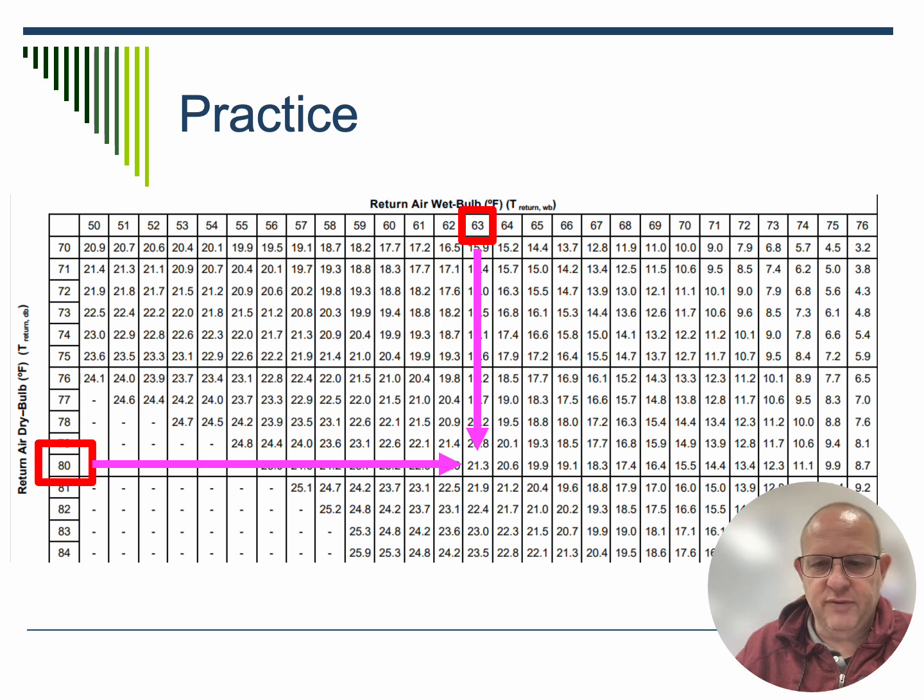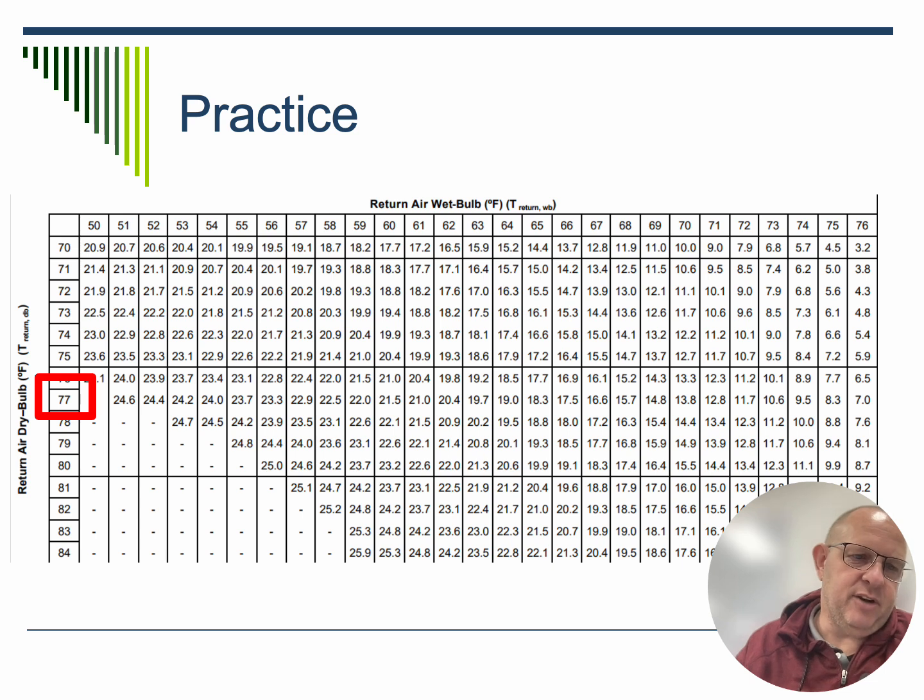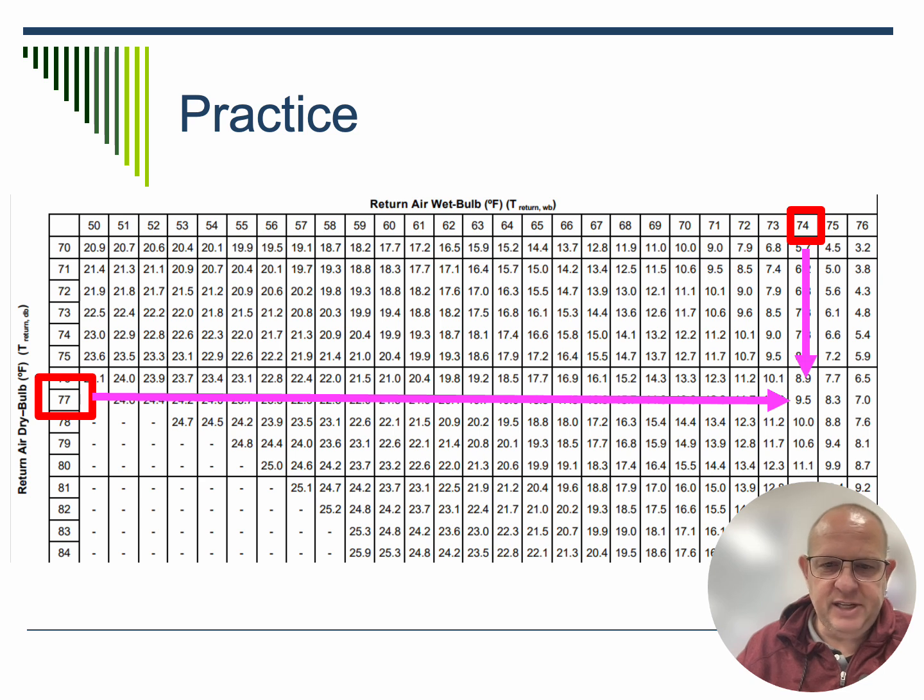But this is a nice chart for us to look at. We'll look at one more condition for these systems themselves. 77 degree dry bulb temperature. We're dealing with a 74 degree wet bulb temperature. And we see that the temperature drop of our evaporator should be somewhere about 9.4.